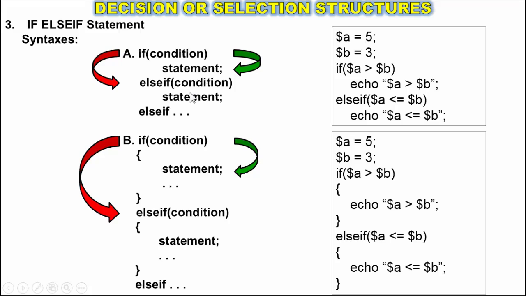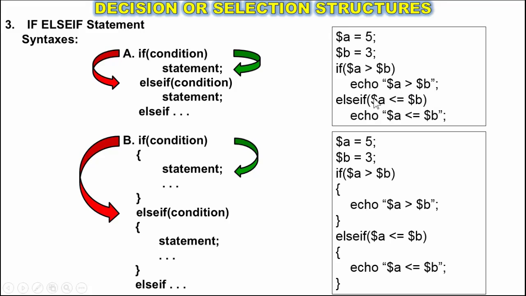When the condition is false, then the server CPU evaluates the next condition until there is a result of true. For example, $A initialized to 5, $B initialized to 3. We have an if-else if statement. If the condition $A greater than $B is true, therefore the echo statement is executed by the server CPU.